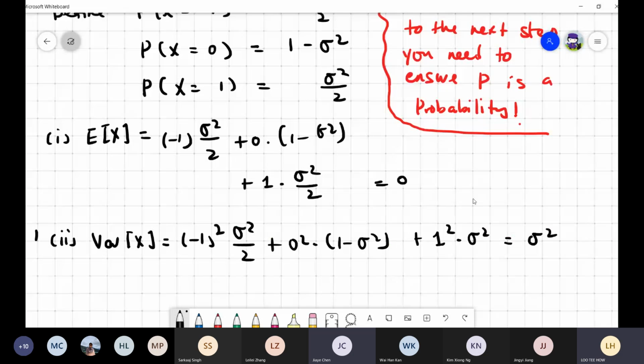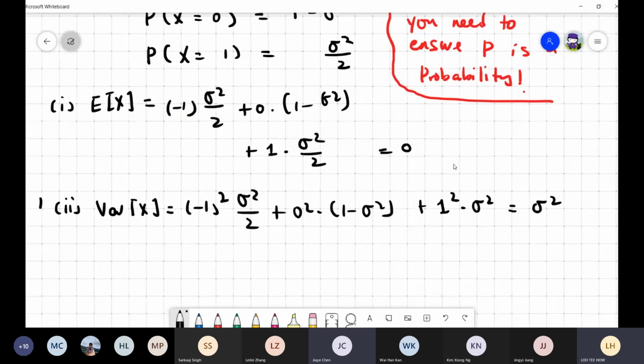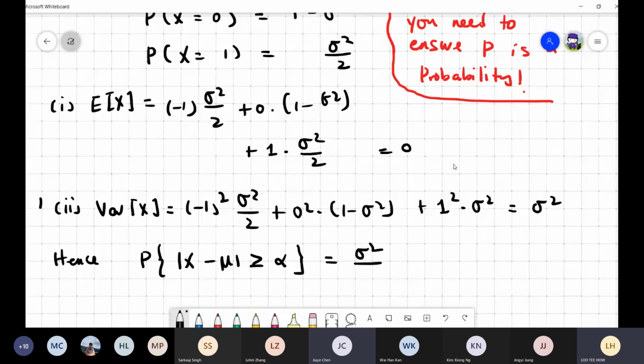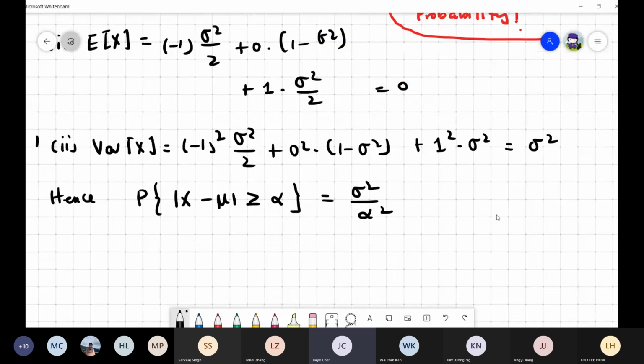So I think it's clear that hence we can have this: P of |X - mean| greater than or equal to alpha equals sigma square over alpha square. If you substitute everything in, you can easily see |X - 0| greater than or equal to 1.